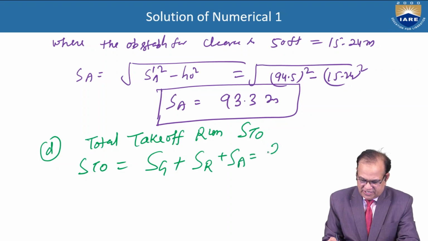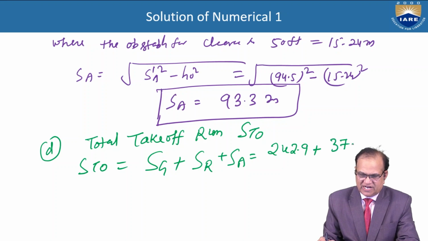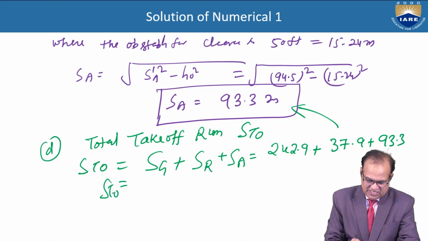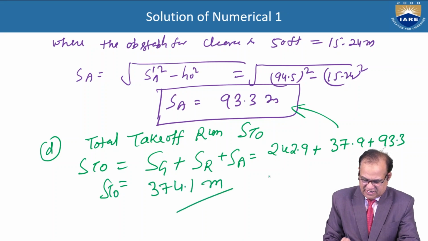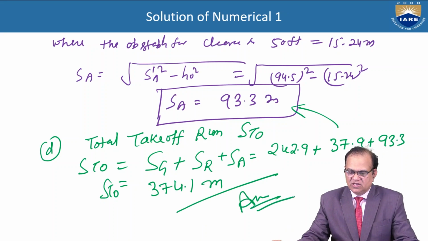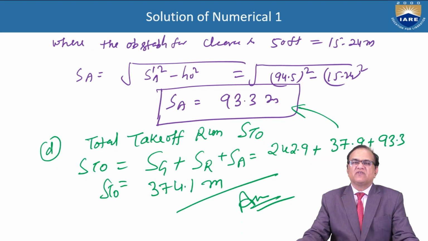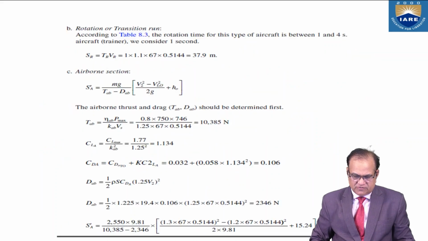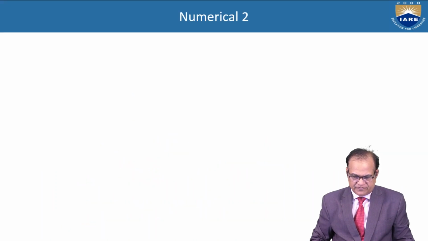So here you will get 242.9 plus SR, we have got 37.9 plus 93.3. So total we got here that STO is equal to 374.1 meters. So this is the answer for the problem. So in this way we have solved this problem and hope this will be useful.